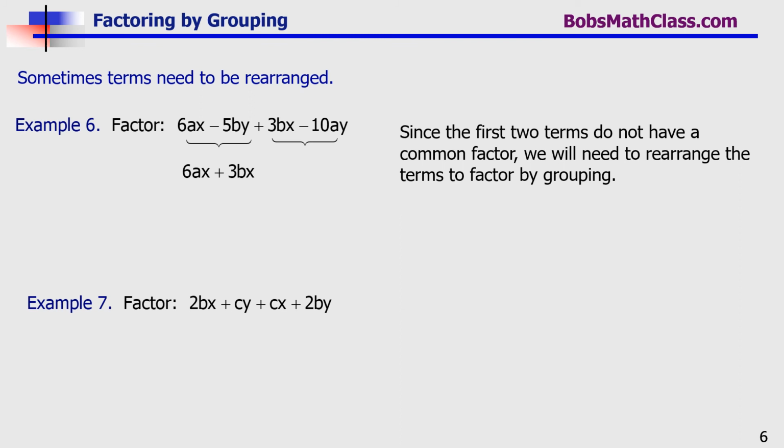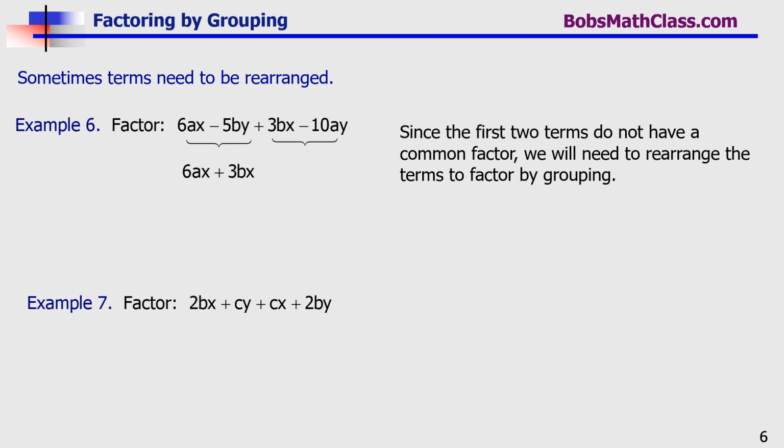Not only do they have an x in common, 3 will go into both terms. Okay, that sounds good? Okay, so now we have two more terms left. We have a -5by and a -10ay. We just need to decide which one should go first.